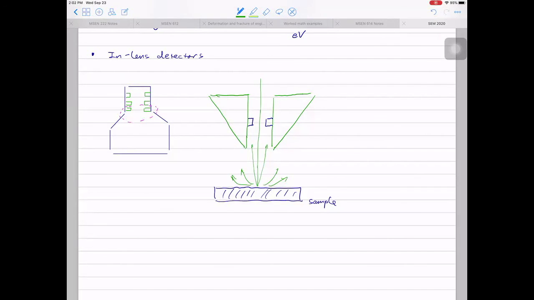If we look at the electron beam material interaction, I hope you remember in the lab we said, it doesn't matter how fine you tune the beam, it's really the interaction volume that matters. When we have electrons interacting with the material, the interaction volume is kind of like this, like a teardrop shape.